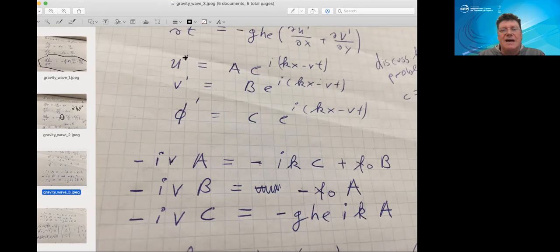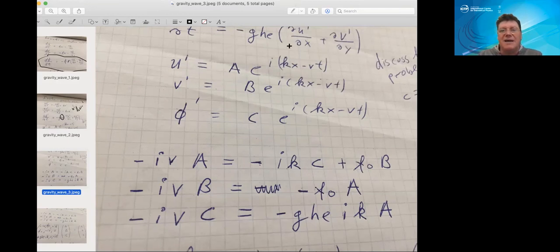So we insert amplitudes A, B, and C, and then the wave, so e to the power, you know, this way of writing sine and cosine in a concise way. And then we have to insert this in the original equation and calculate the derivatives that are needed.